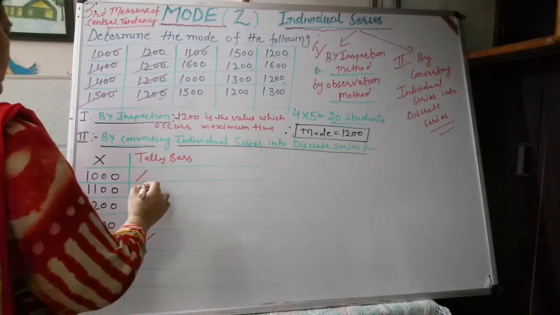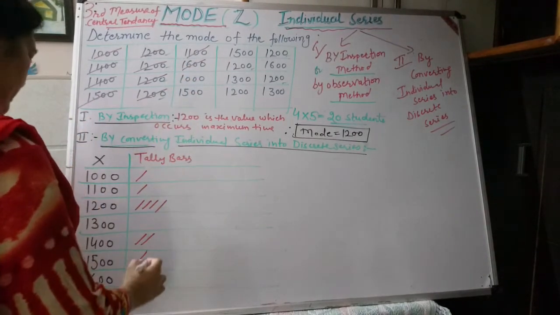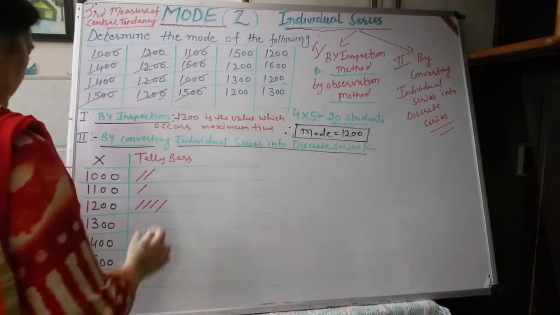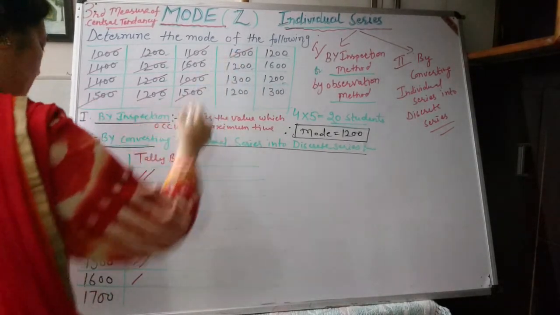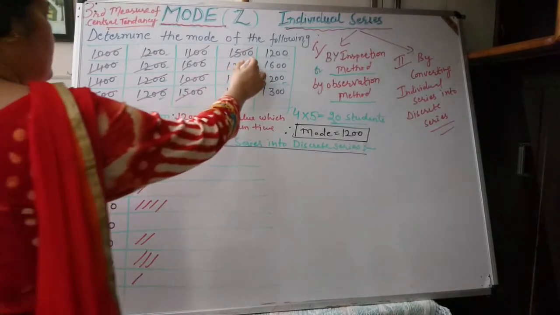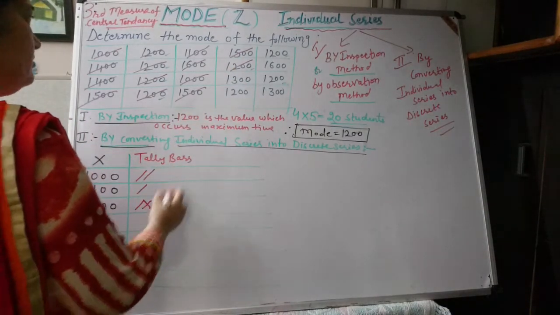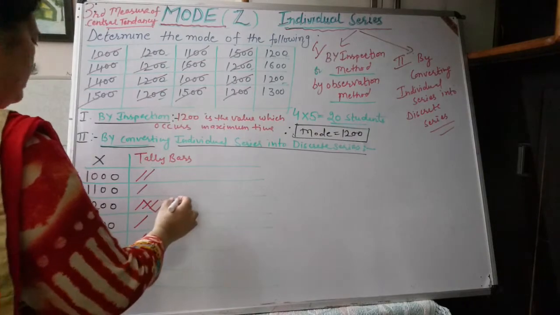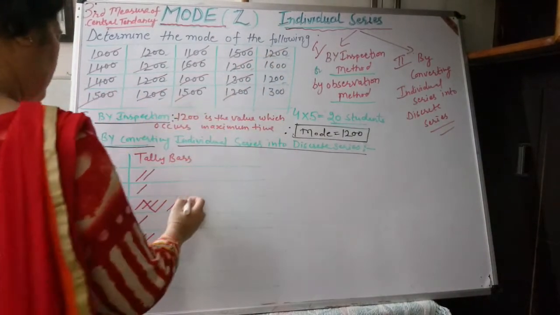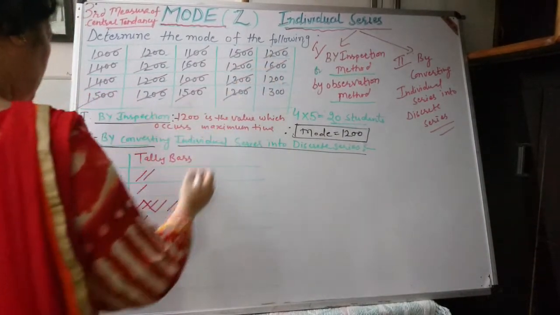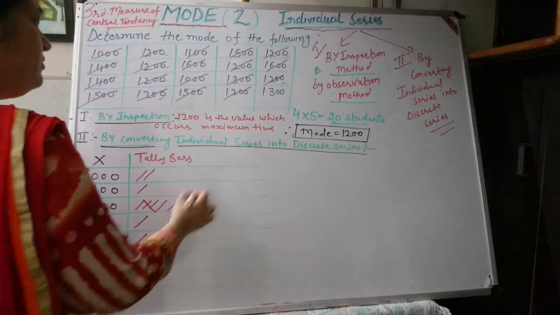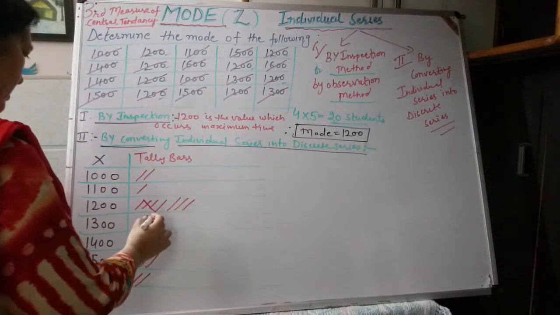Then 1100, 1600, 1000, 1500, again 1500, 1200, 1300, 1200, 1200, 1600, then 1200, and the last one is 1300.